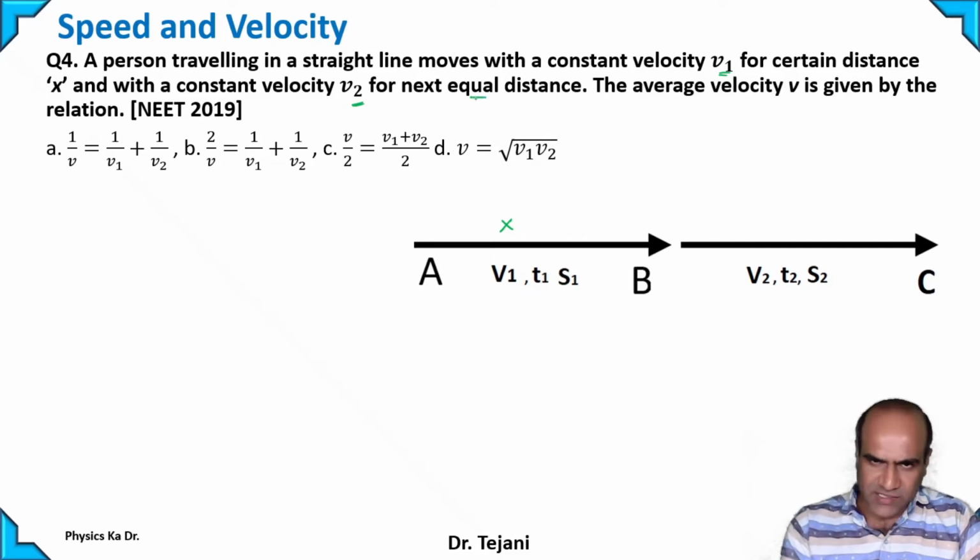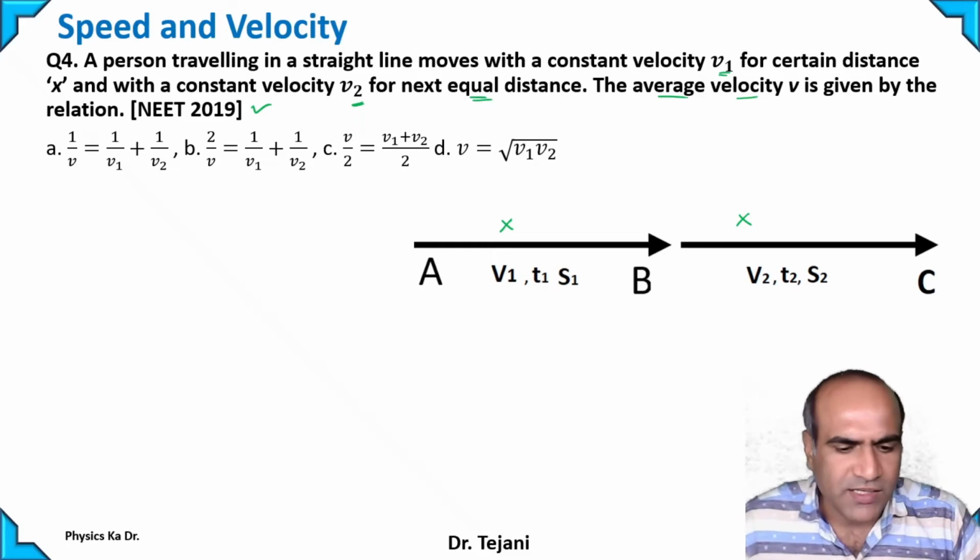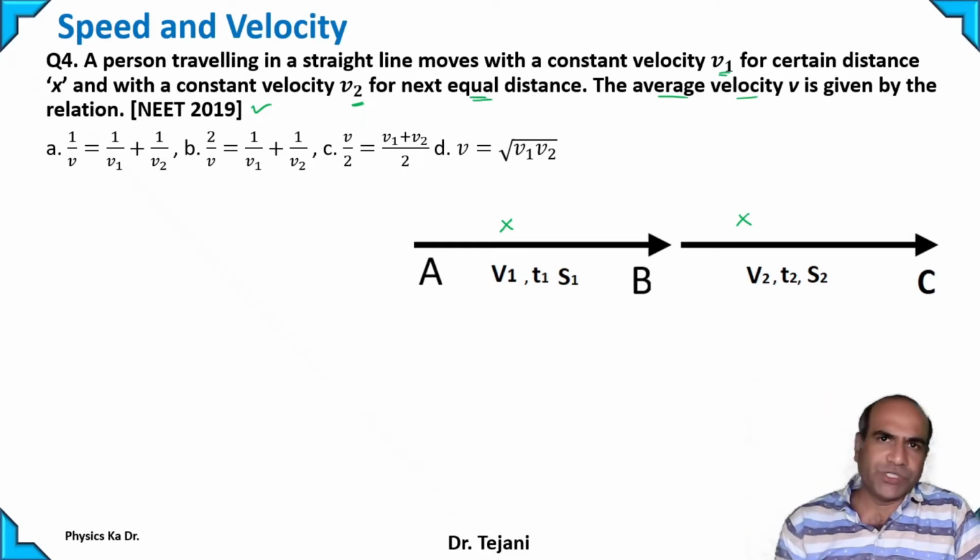That means the distance is equal, that is also another x. The average velocity v is given by the relation. The question was asked in NEET 2019, and these are the options. Fine, these are the options. See, we need to understand the question, and then we can solve the problem. Otherwise, it is not possible to solve this problem.